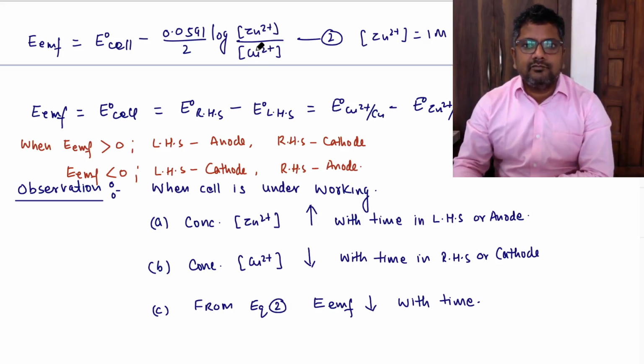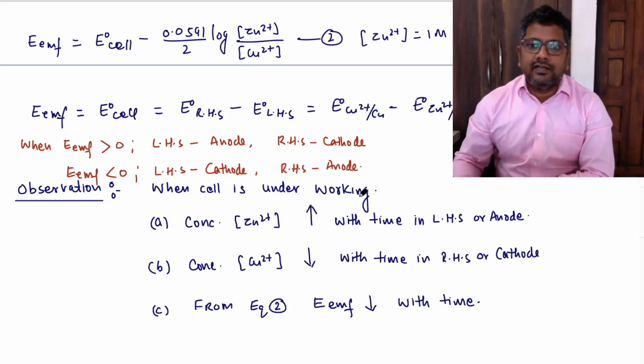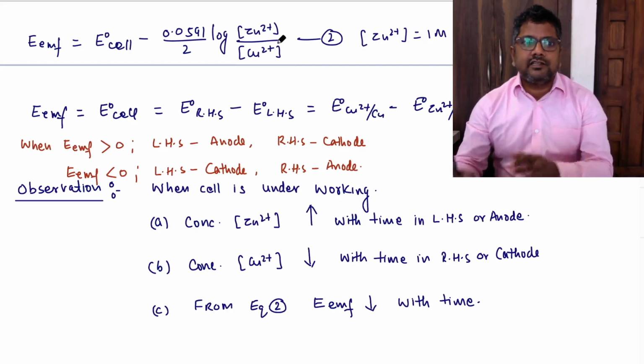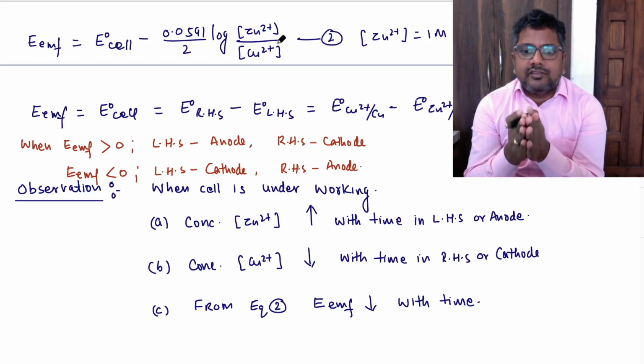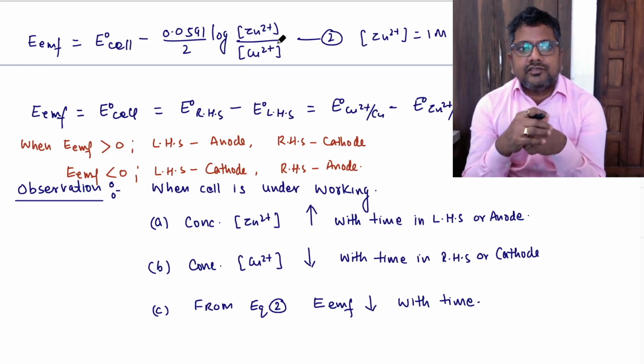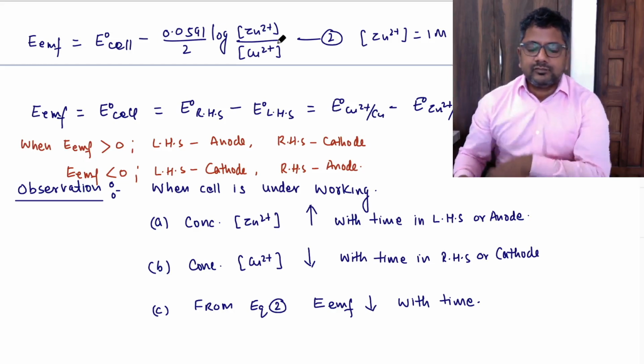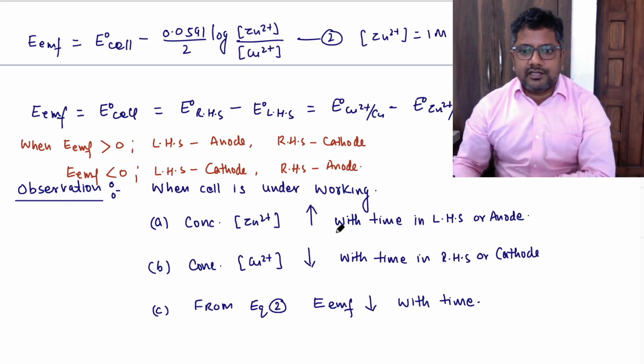What you can get as the maximum value of this? One, when the cell is under equilibrium. Whenever this ratio is set in such a manner that it attains the equilibrium state, EMF of the cell becomes zero, right? So these are the important variations.